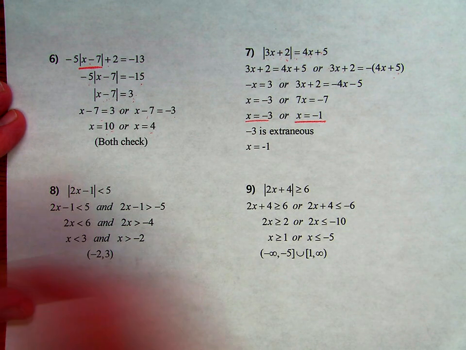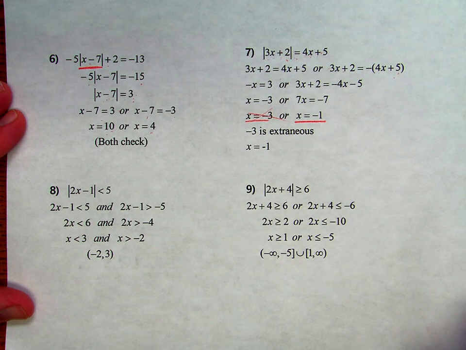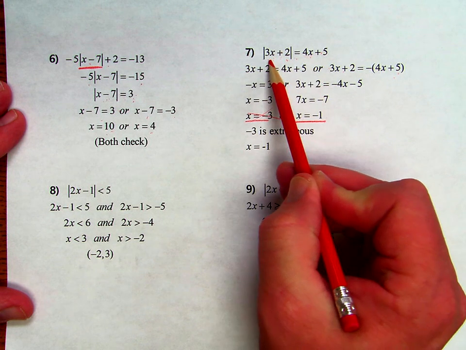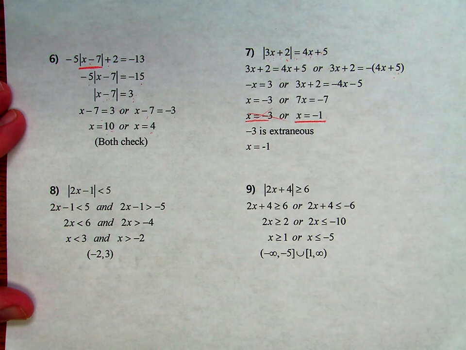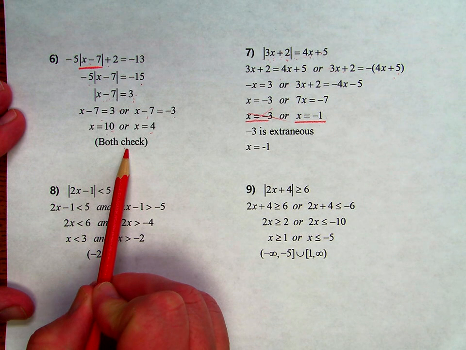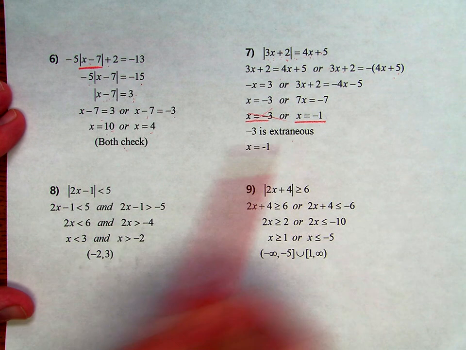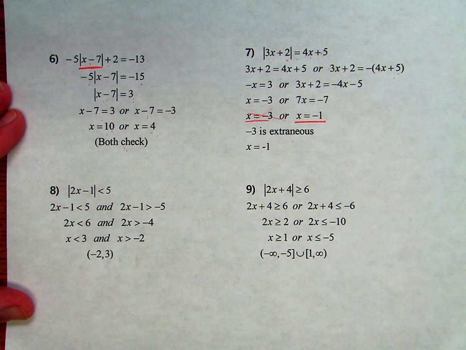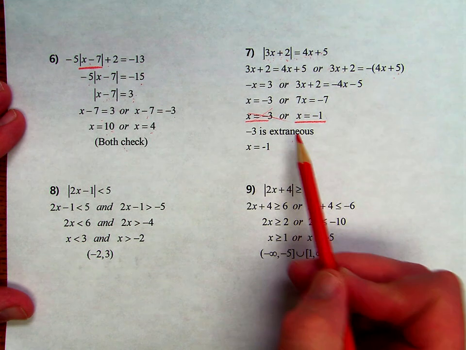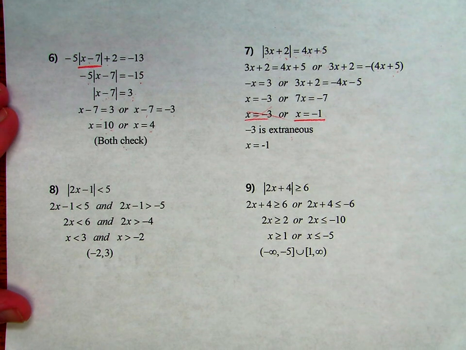In this particular case, the -3 turns out to be extraneous, but the -1 does work. And when you have variables both inside and outside, that's usually a little higher risk than this case here of obtaining the extraneous solutions. It can happen in either situation, but a little bit more common in these guys here.